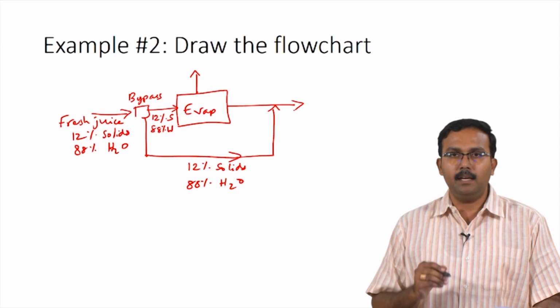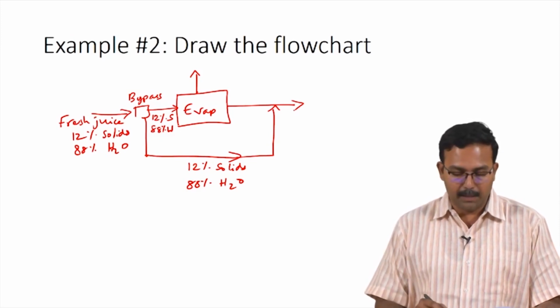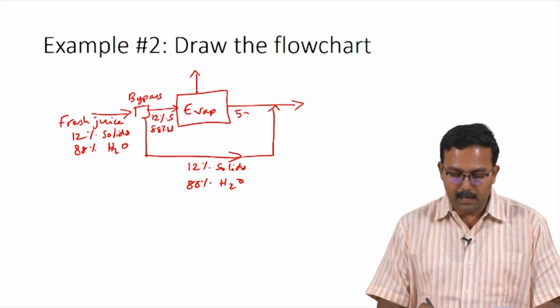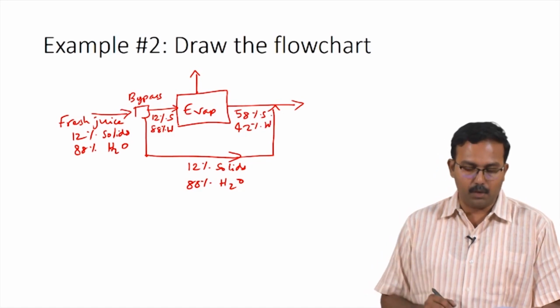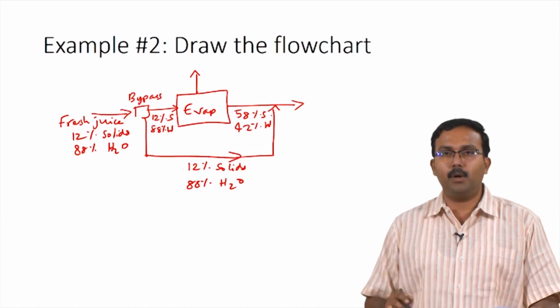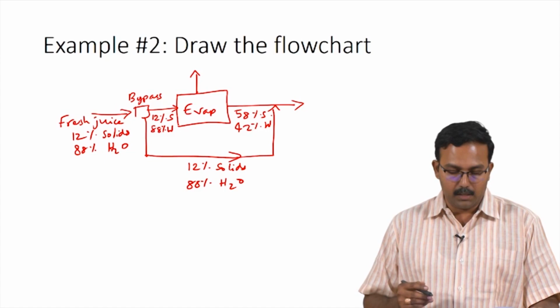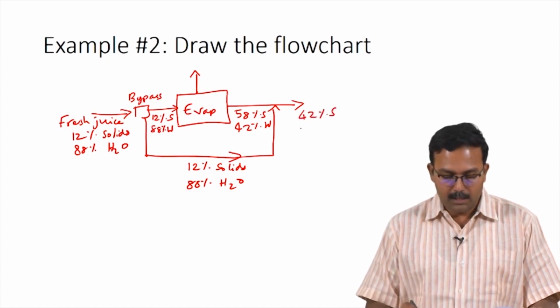It has been told that the concentrated juice leaving the evaporator would contain 58% solids and the rest would be water. So, let us call it 42% water and 58% solids. So, this is being mixed so that you get the final product which is the desired concentration of the solids. So, that would be 42% solids and the rest 58% would be water.